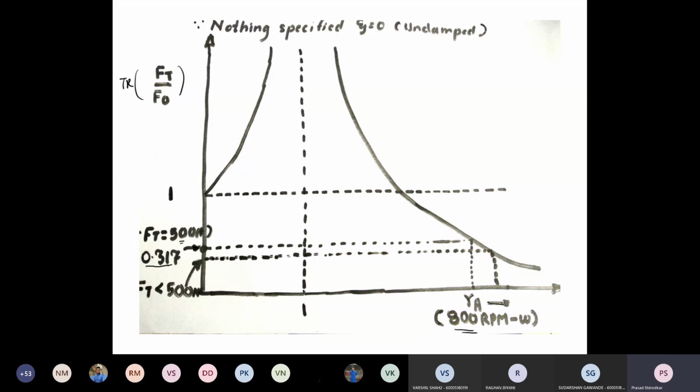If you go beyond 800 RPM, then the transmissibility ratio should be below 0.317, so the force transmitted Ft will be less than 500 Newton. These are the design conditions. Any questions regarding this? Can I go to the next slide? All right. And since nothing is specified, I am solving for the condition when zeta is 0.